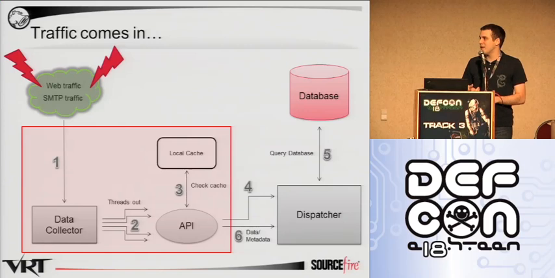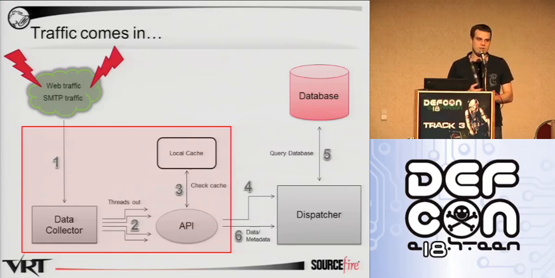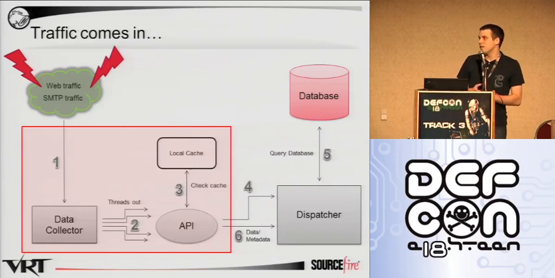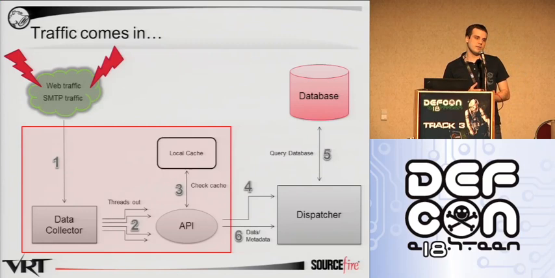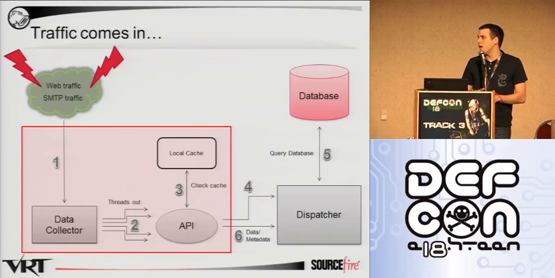If that comes back as a cache miss again, then and only then is the data actually shipped off to the dispatcher for detection. If we find that MD5 and file size already exists in the local cache, we can theoretically block immediately, depending on what your type of collection nugget is, what its functions are, what its capabilities are.